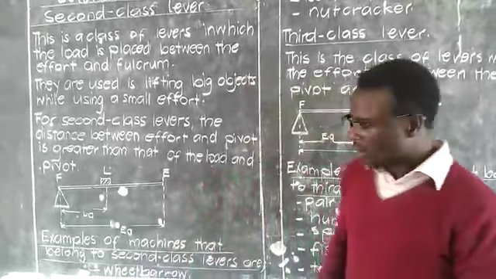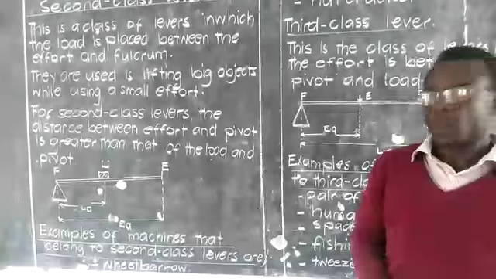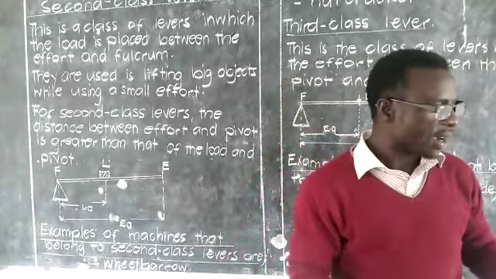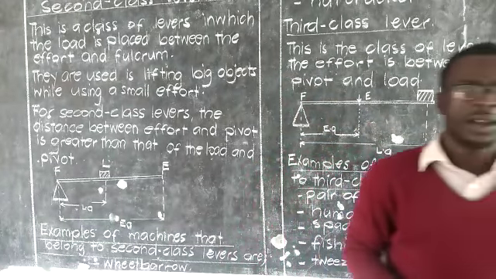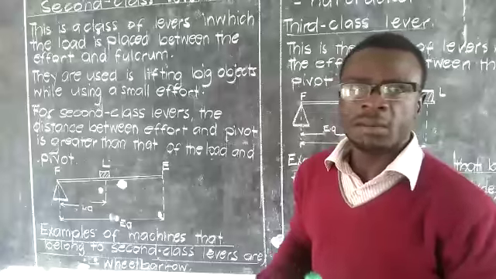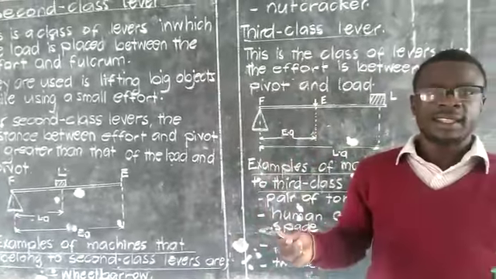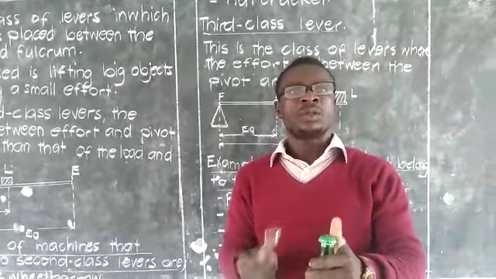My dear learners, for example, I have some machines here that belong to second class levers. Here I have a bottle opener, which is actually an example of a second class lever, which can be used to make work easier for opening a bottle top.